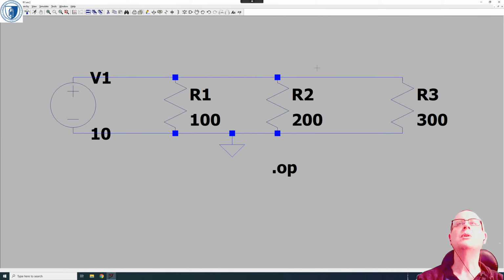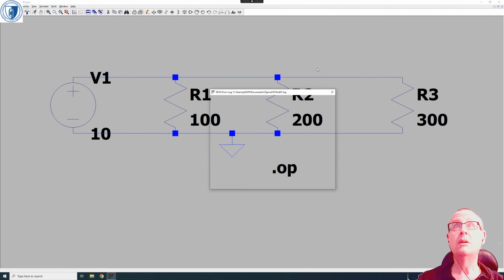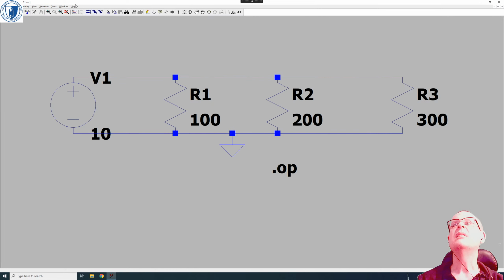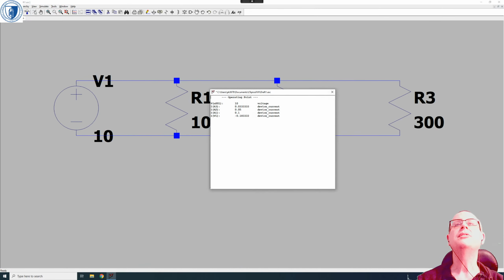But let's just see what happens if I do Control L. It sort of does it, but it doesn't have the operating point. I think this seems to be configured to automatically pop it up. Oh, I think that might be the difference between running with .op and running with .tran.